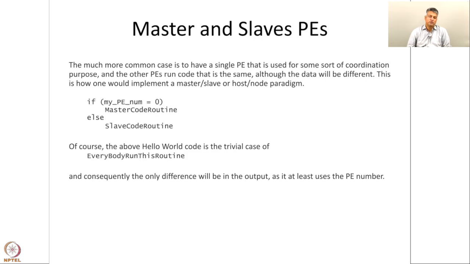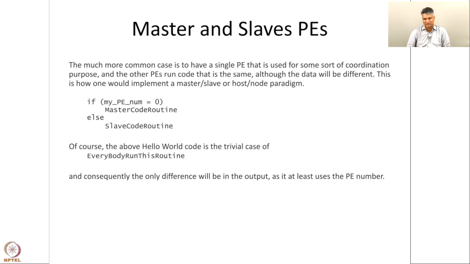Now, why do we choose 0 preferentially as the master? There is no particular reason why 0 should be the master apart from convenience. Because no matter what the size of the program or what the amount of resources we require to run a particular parallel program, there will always be a 0 process ID.